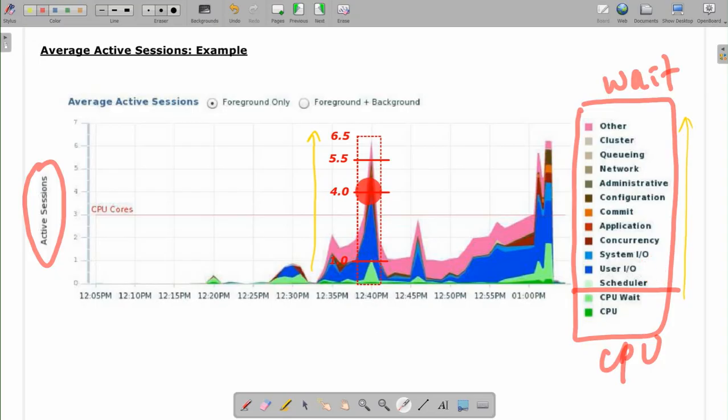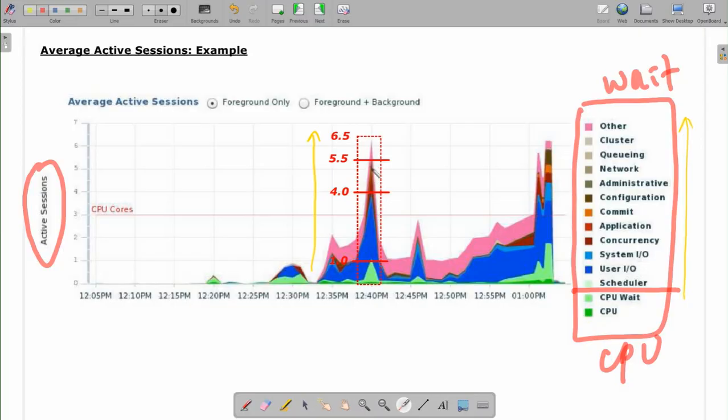So the spike is here, 4.3, 4.0. And 4.0 includes 1.0 as well. So the difference is the actual statistic, meaning that three average active sessions waited for disk I/O completion in this time period. And also, we have a brown color here.